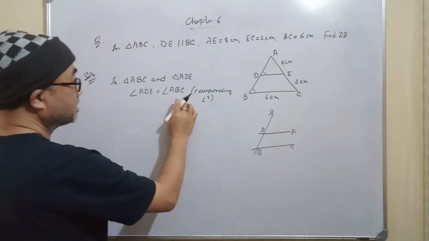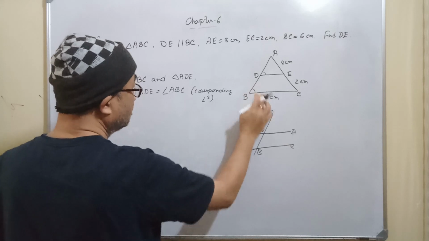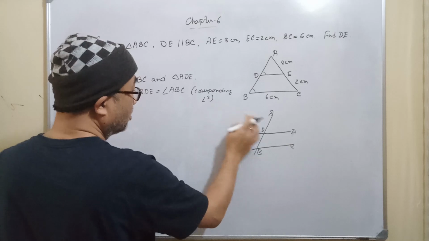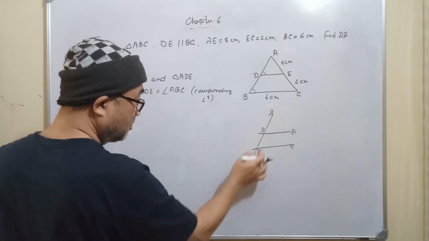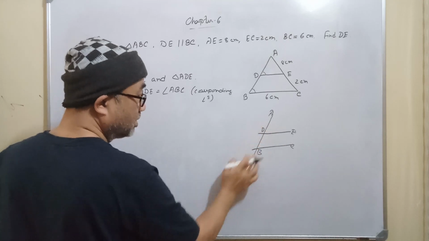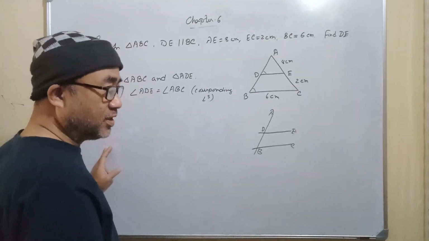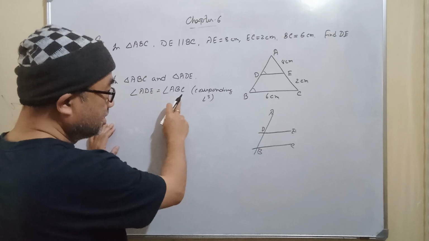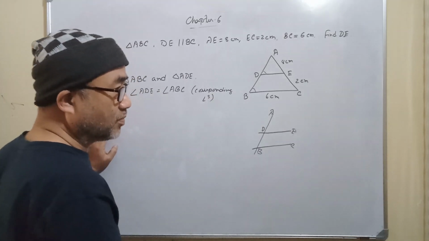ADE is equal to ABC. This is ADE and this is ABC. Since they are corresponding angles generated by cutting two parallel lines by a transversal, they are equal. Okay? Let me repeat. ADE and ABC are equal because they are corresponding angles.